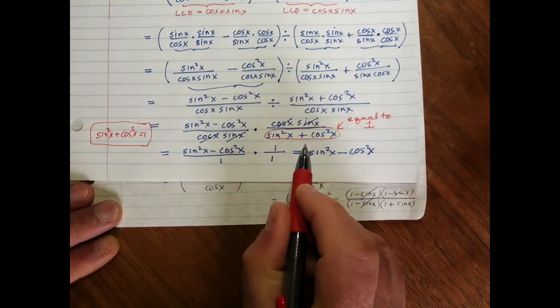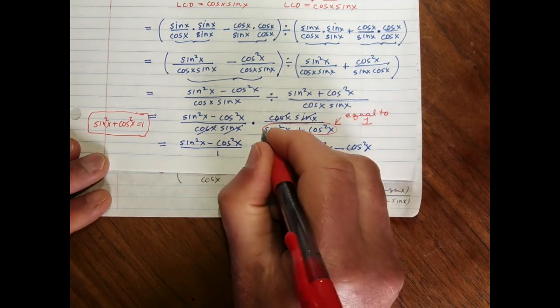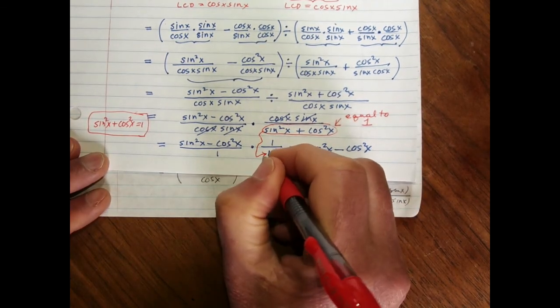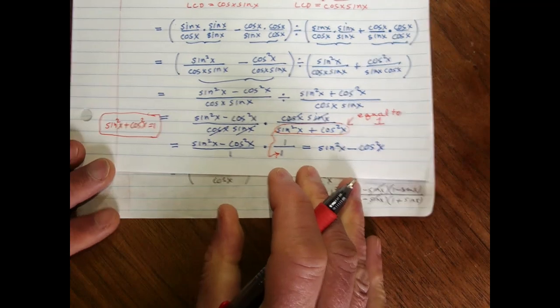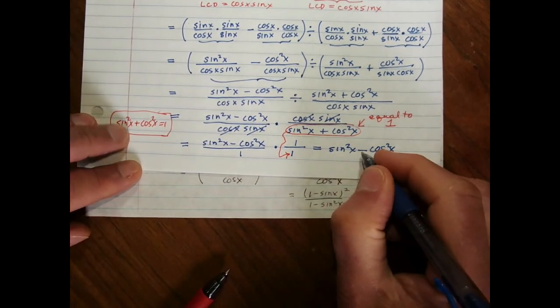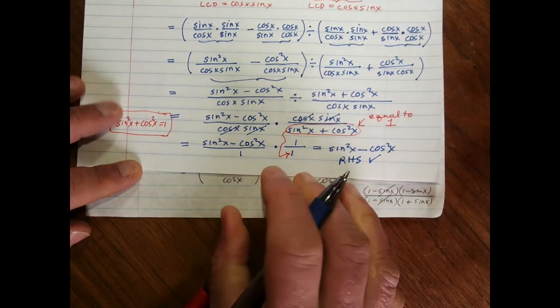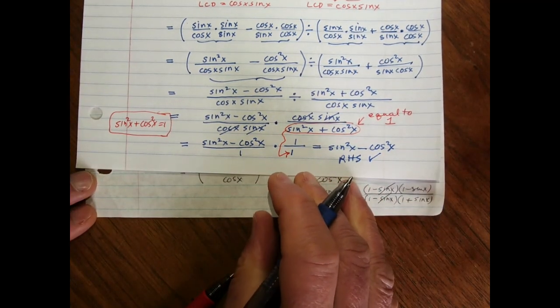When we see that sum of squares of sine and cosine, we can just replace that expression with 1 because it's equal to 1 for all x. We got our right-hand side. So we have proved the identity.